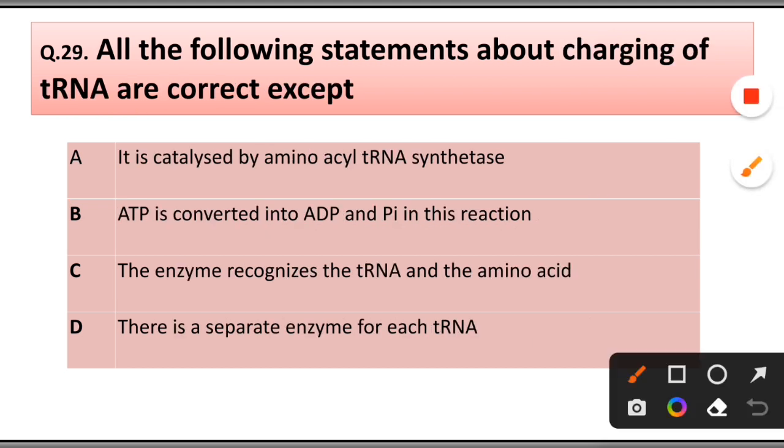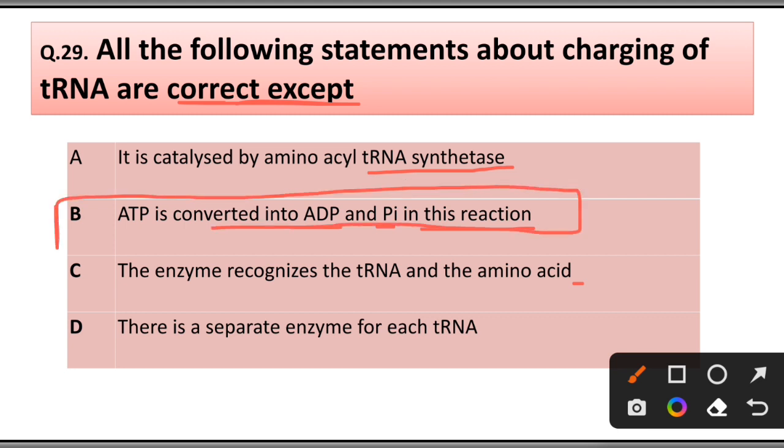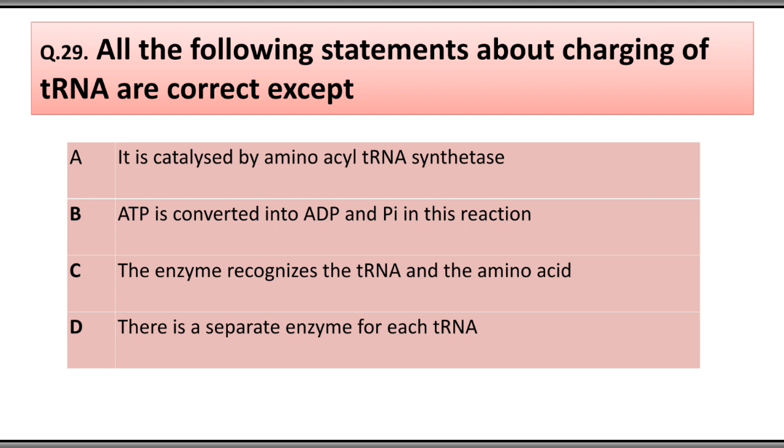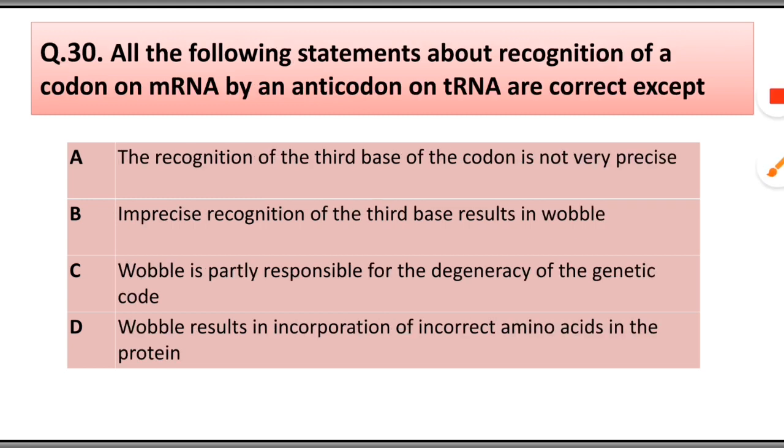29. All of the following statements about charging of tRNA are correct except: it is catalyzed by aminoacyl tRNA synthetase; ATP is converted into ADP and Pi in this reaction; the enzyme recognizes the tRNA and amino acid; there is a separate enzyme for each tRNA. Correct answer is option B. ATP is converted into ADP and Pi in this reaction. 30.